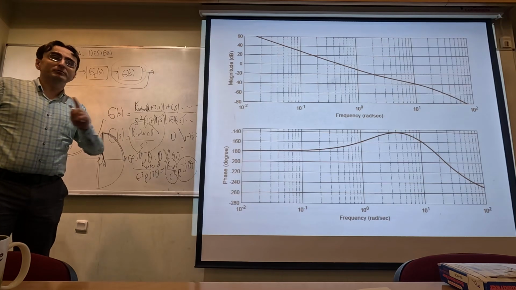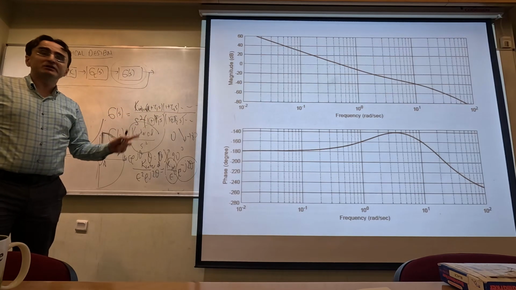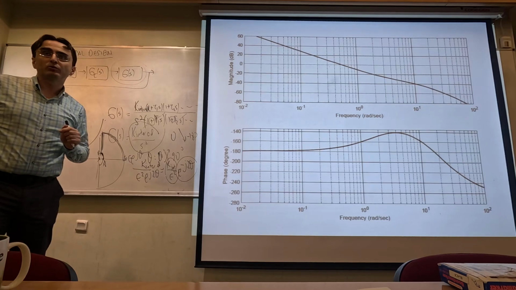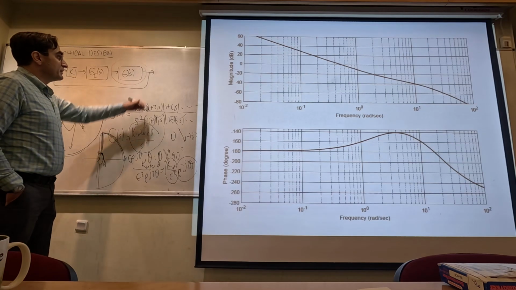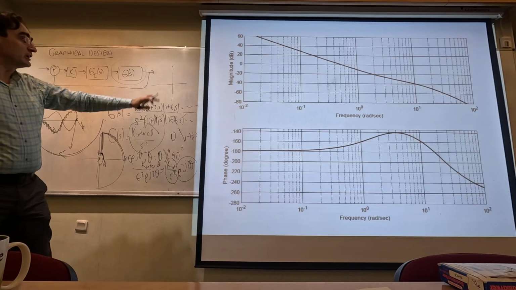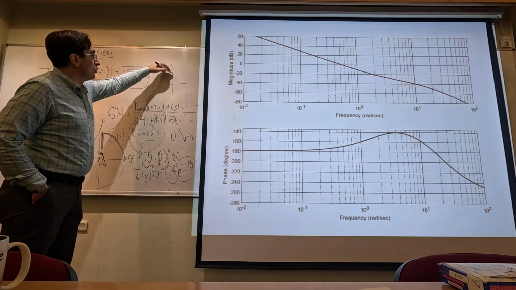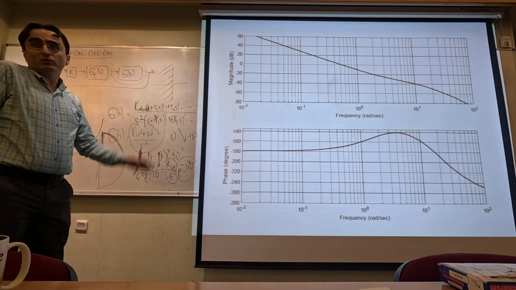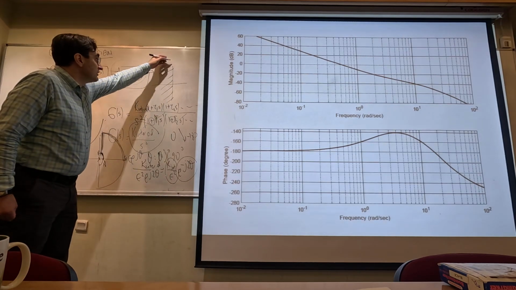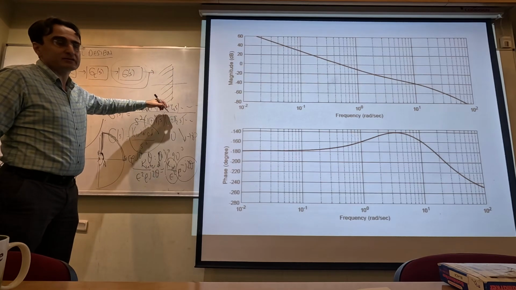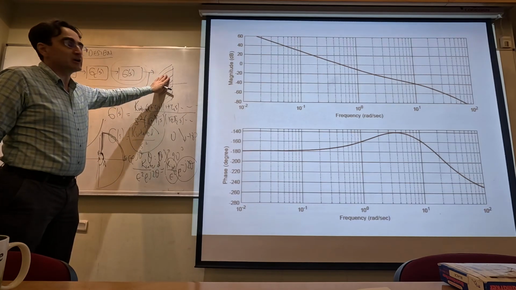We are never using a zero or pole in the positive real part. Okay? So in this part of the course, when you are given a Bode plot, you can really assume that all of the poles and zeros are in the open left-half plane. Okay, so you can actually assume this. The roots are going to be either on the imaginary axis or in the open left-half plane.